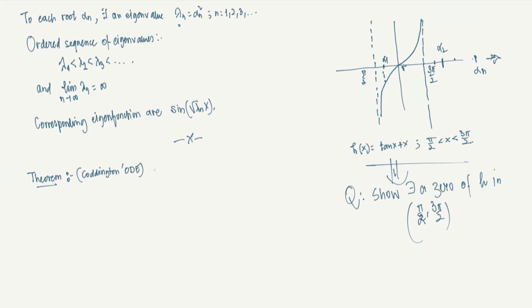So, what is the theorem? It says that a self-adjoint operator. You remember we talked about a self-adjoint operator. In this case, it's a regular Sturm-Liouville boundary value problem, so it's a self-adjoint operator.